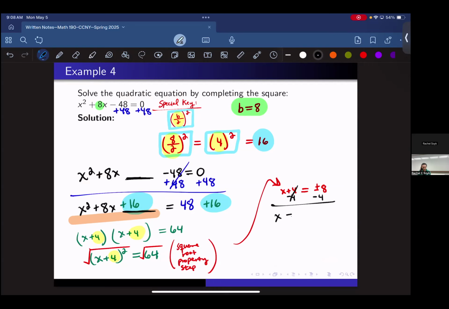So our final solutions are negative 4 plus or minus 8, which we can solve, right? What's negative 4 plus 8? Negative 4 plus 8 is just a positive 4. And negative 4 minus 8 is a negative 12. So these are our two solutions. We're done.